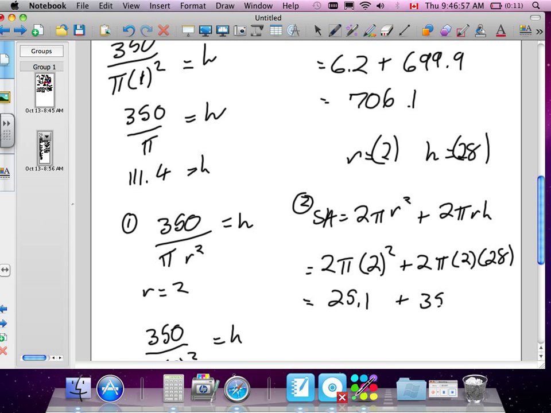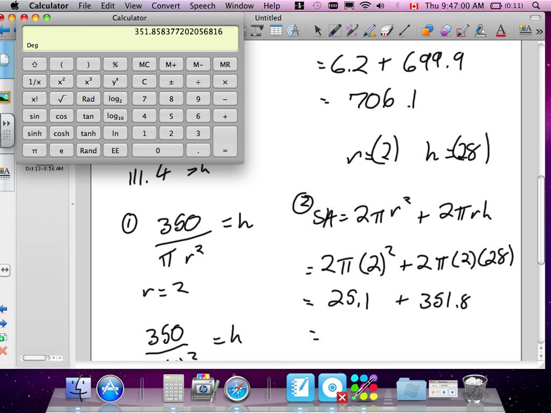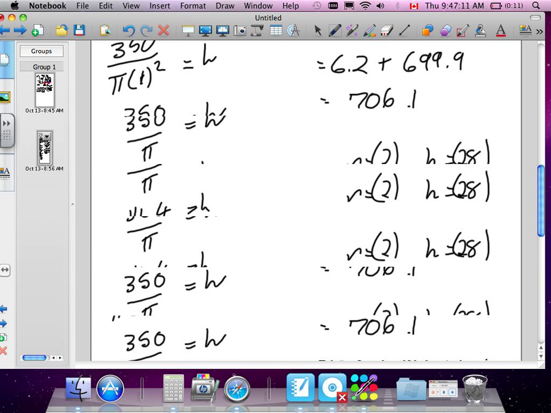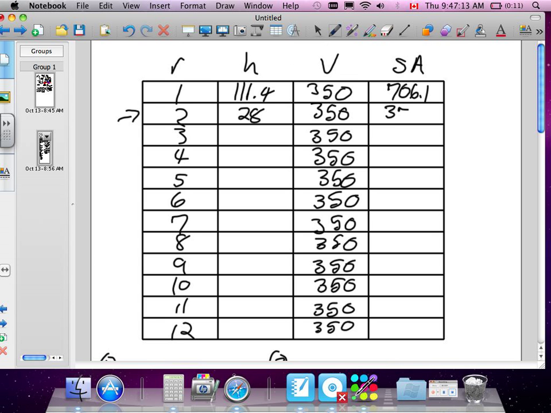When we add the two together, 376.9. So 376.9 is our surface area. That is much smaller than the surface area we had before. Romello, you said that the radius of 3 created a larger one?